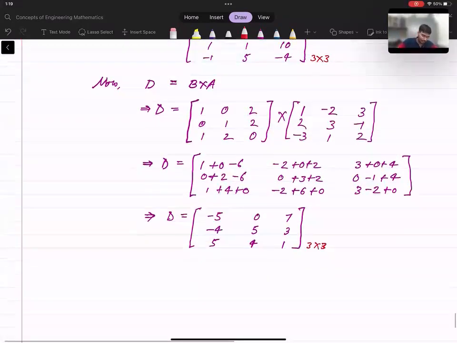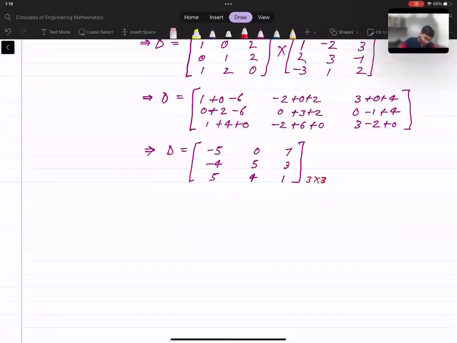Thus what we can say is C is not equal to D, that is AB is not equal to BA. Okay.